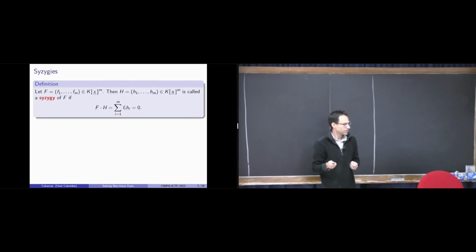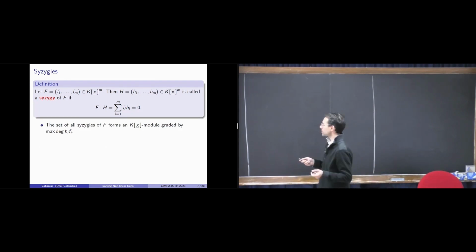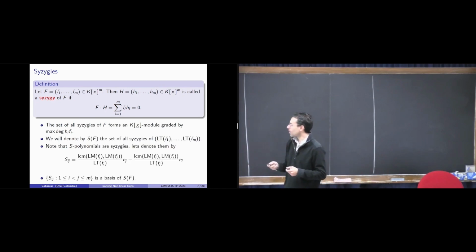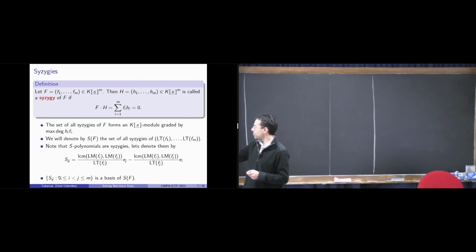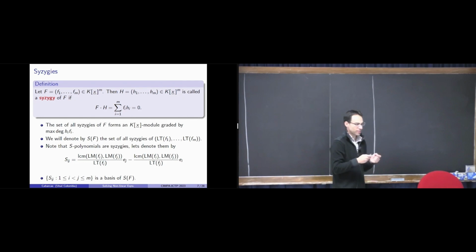We discussed what the module of syzygies is and what role it plays, because the S-polynomials can be thought of as a basis for the module of syzygies of the leading terms of the polynomials.